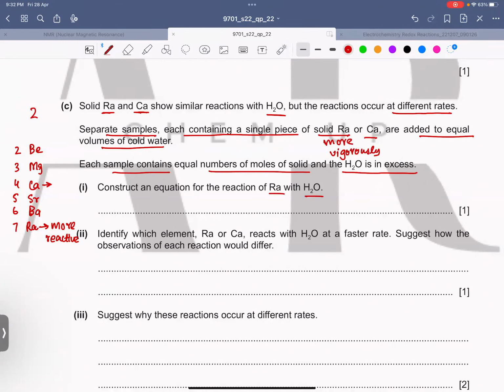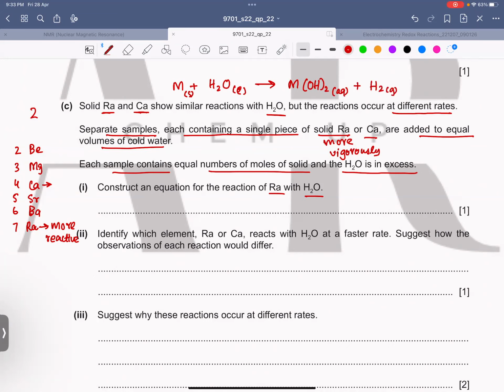So for group 2 metals, when a group 2 metal reacts with water, the general equation would have a metal hydroxide as our product. And as we move down the group, the solubility increases, and hydrogen gas.